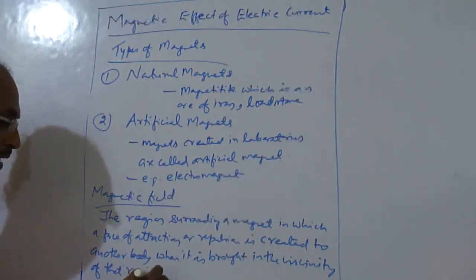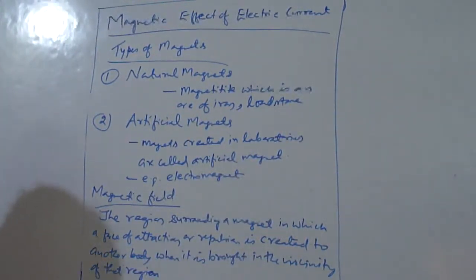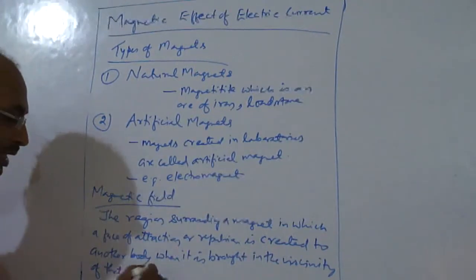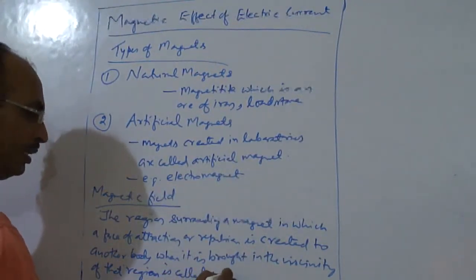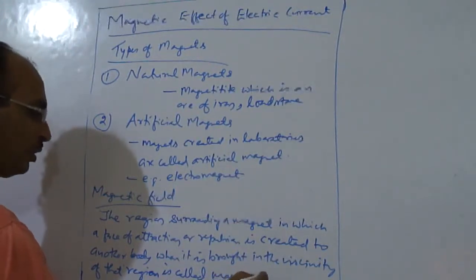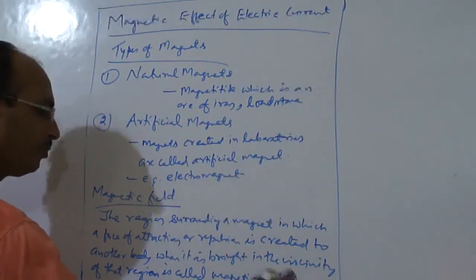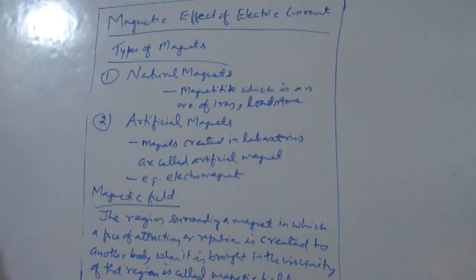Vicinity means near, nearby. Okay, near, in the vicinity of that region is called magnetic field. Understood? Yes, sir. It is called magnetic field.